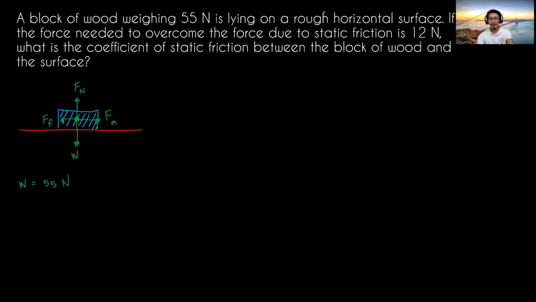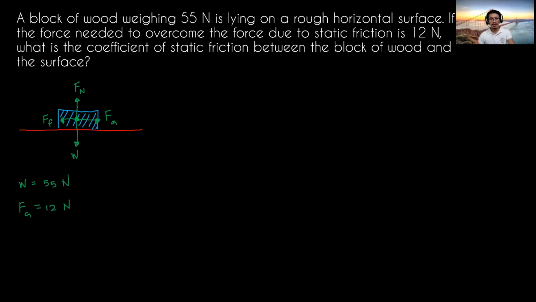Next, the force needed to overcome the force due to static friction is 12 Newton. That is our applied force, the external force needed to overcome static friction, which is 12 Newton.